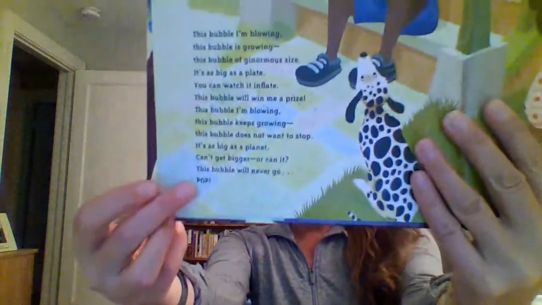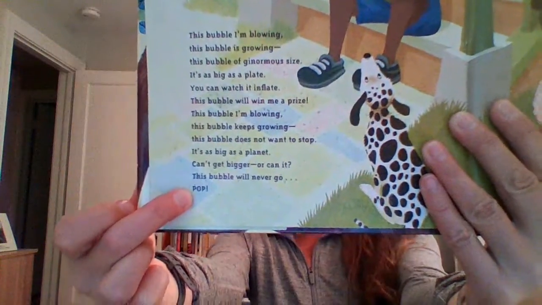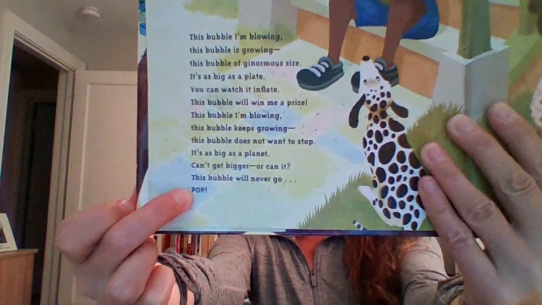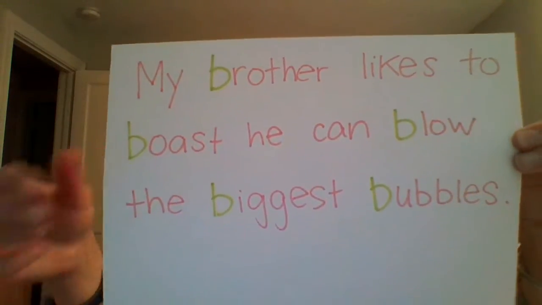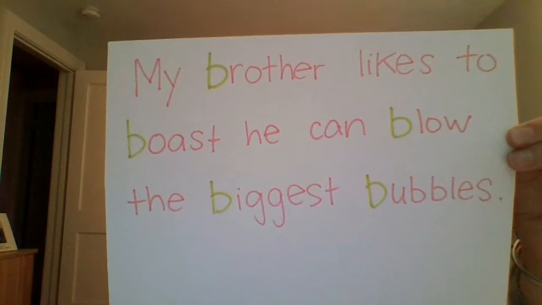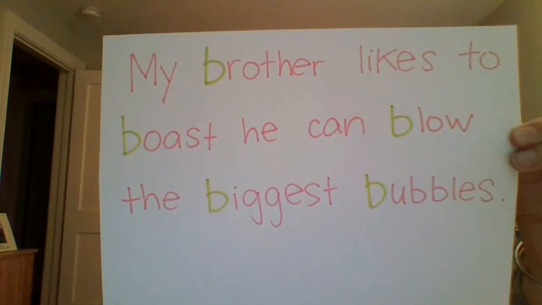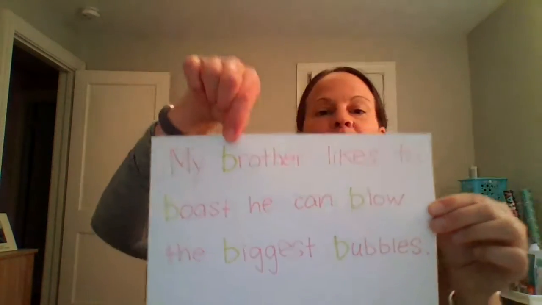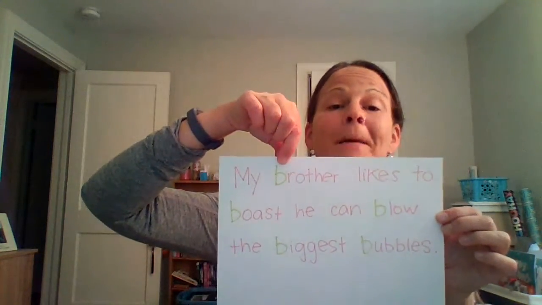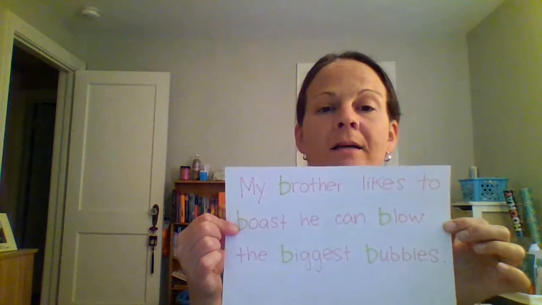And when a bubble gets too big and it goes pop, that is our onomatopoeia word. And the sentence that had alliteration was this one. My brother likes to boast he can blow the biggest bubbles. So the letter that repeated was B. The sound is B, B, B. So that one had all three elements of poetry.